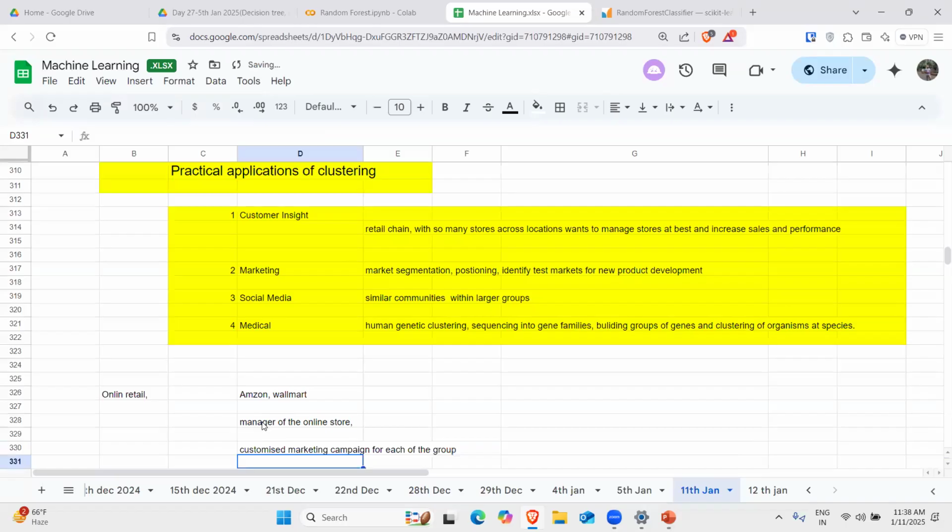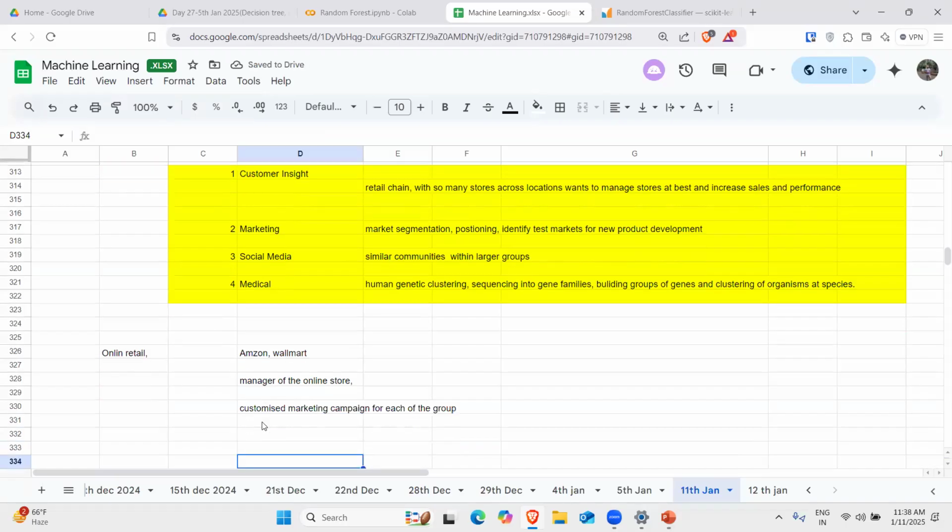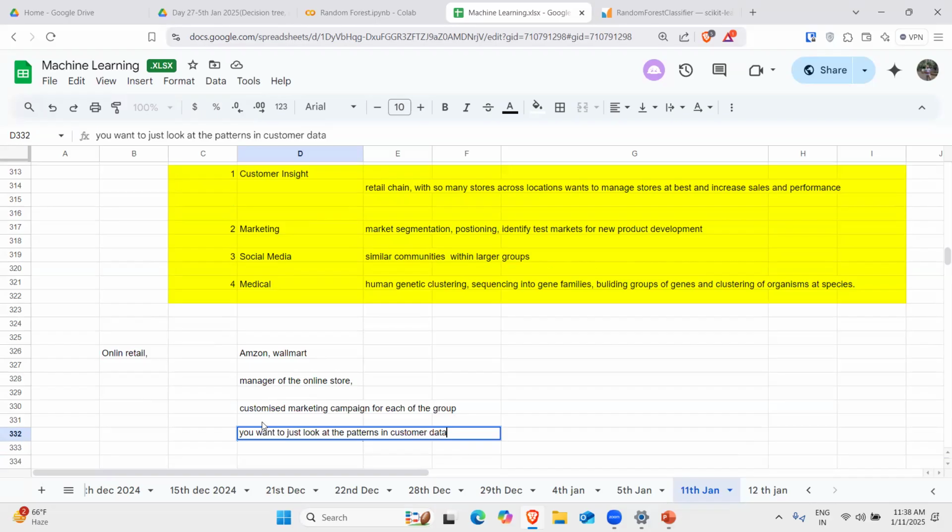You do not have any label in mind, such as good customer or bad customer. You don't have that. You just want to look at the patterns in the customer data provided to you, and then try to find segments.